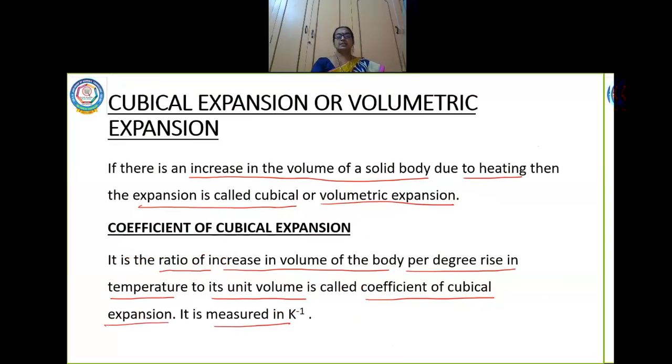Then the third one is cubical expansion or volumetric expansion. If there is an increase in the volume of a solid body due to heating, then the expansion is called cubical expansion, and the coefficient of cubical expansion is the ratio of increase in volume of the body per degree rise in temperature to its unit volume.